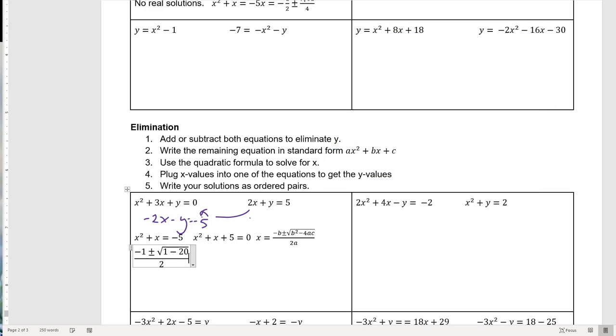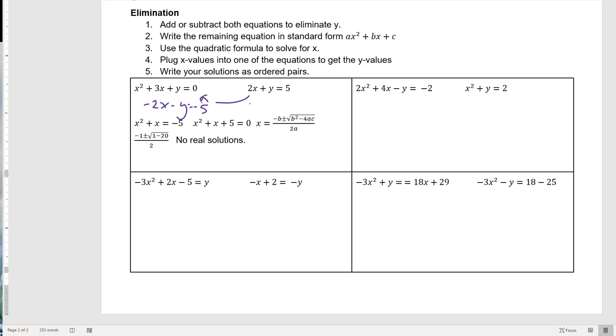Again, we have a complex number, and you'll need to simplify this. It'll be the square root of negative 19, so you'll get negative 1/2 plus or minus the square root of 19 all over 2. Go ahead and complete this section on your paper using the steps for elimination.